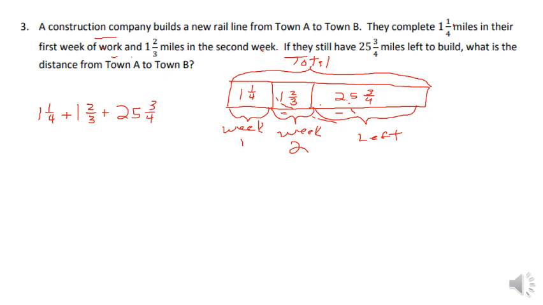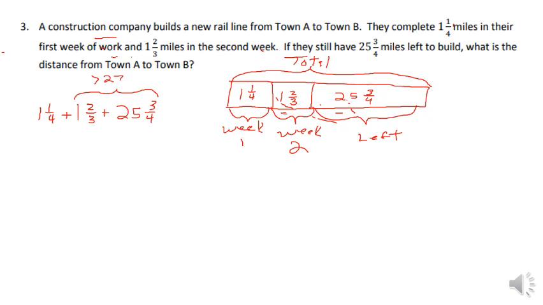Now, if I want to do an estimate on this, I would start off by saying, okay, I know I have 25 3/4, which is more than a half. 1 2/3, and 2/3 is more than a half. So I know 2/3 plus 3/4 is going to be a little more than 1. So 25, 26. So these are going to add up to a little more than 27, greater than 27.